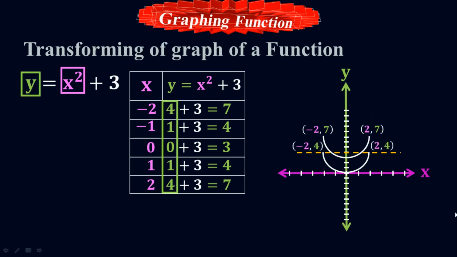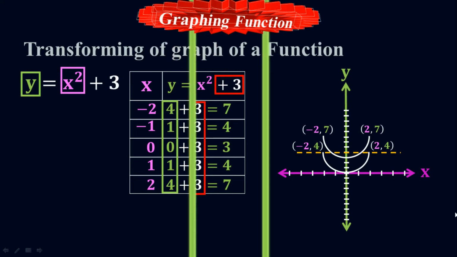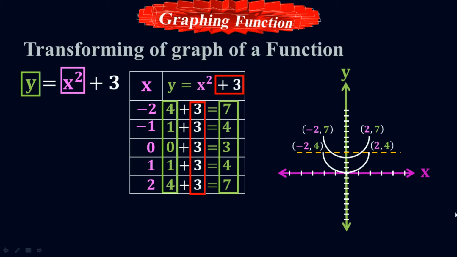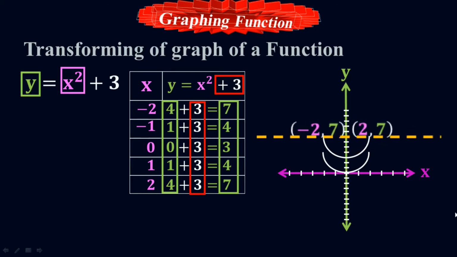I did some changes to my original function y equals x square. When I added 3 to all the old y values, I got my new y values up to negative 2, 7 and positive 2, 7. So my old graph transformed to this place. I just transformed my old graph to my new place, which is negative 2, 7, positive 2, 7.